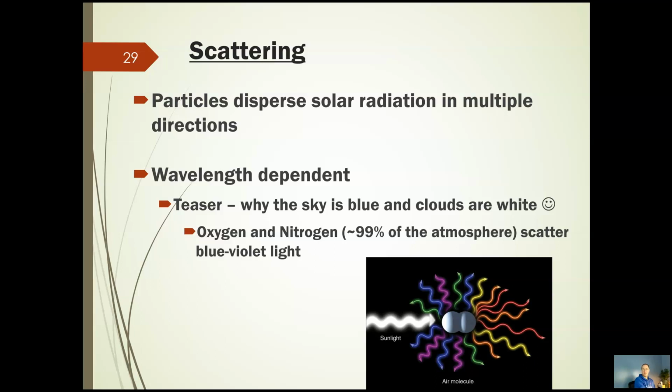And the idea that if we're scattering a whole bunch of stuff, we can sometimes end up with very white clouds. And so oxygen and nitrogen, thinking back to the constituents of the atmosphere, make up almost 99%. They do a really good job of scattering blue-violet light. And that's in many ways why we get this preferred scattering, giving us a blue sky on a very nice day.